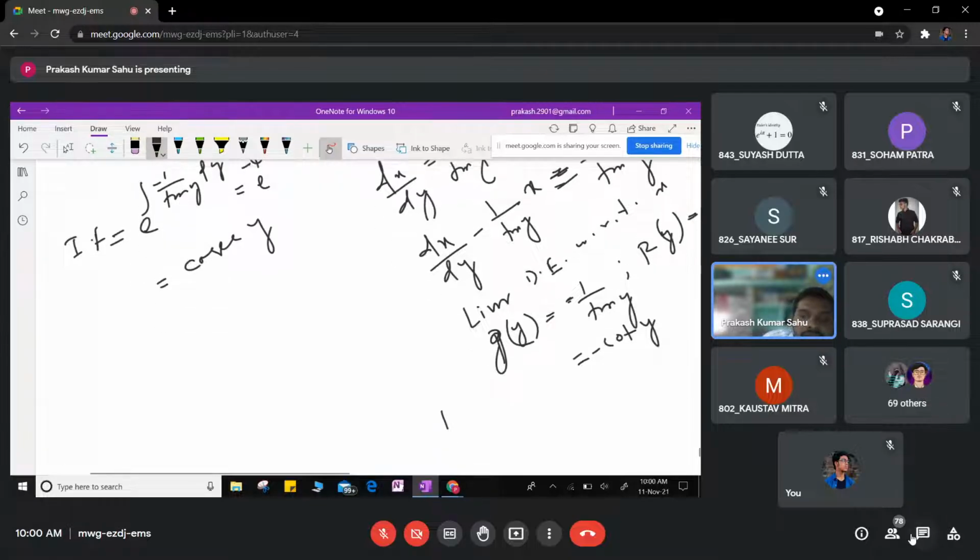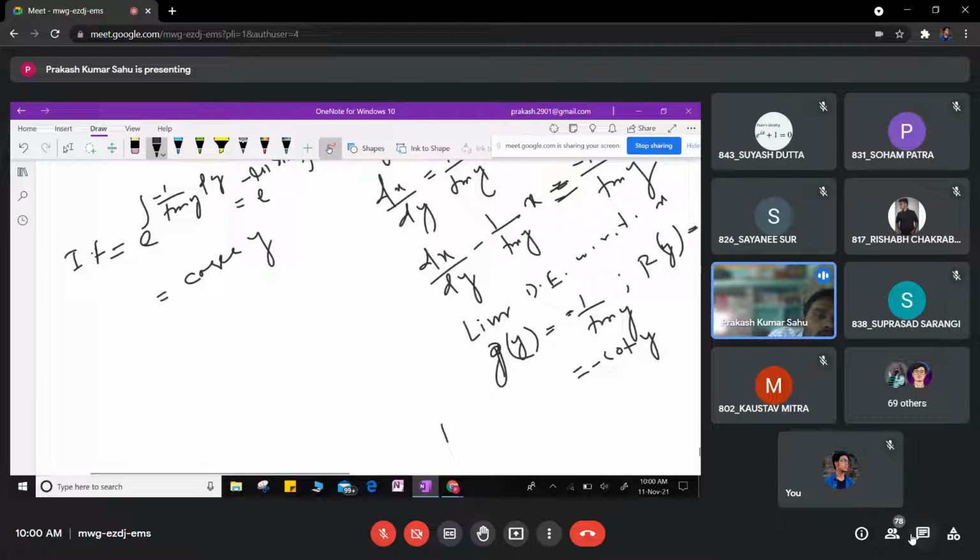And then what is the solution? The solution is x into cosec y is equal to integration of minus cot y into cosec y dy plus c, which is equal to minus cosec y. What is the integration of cot y into cosec y?